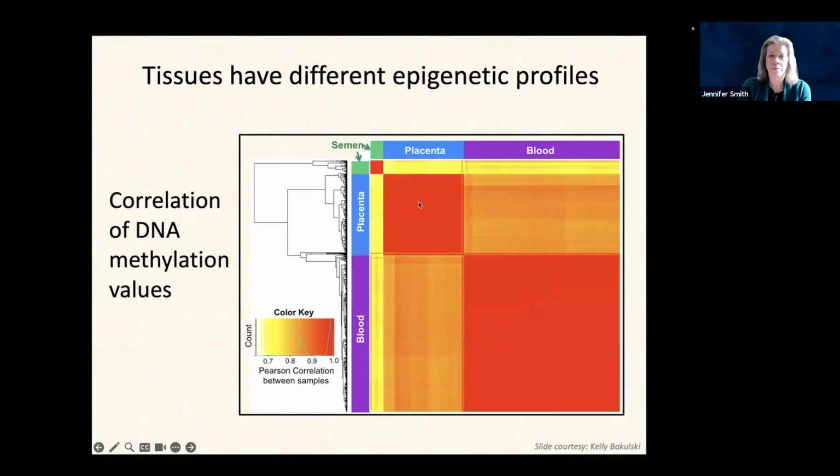These are correlations within those tissue types and then across. You can see there is some correlation in the DNA methylation patterns between blood and placenta, but it's definitely not as strong as within tissue type. And the correlation with another tissue type, which is semen, is almost non-existent.